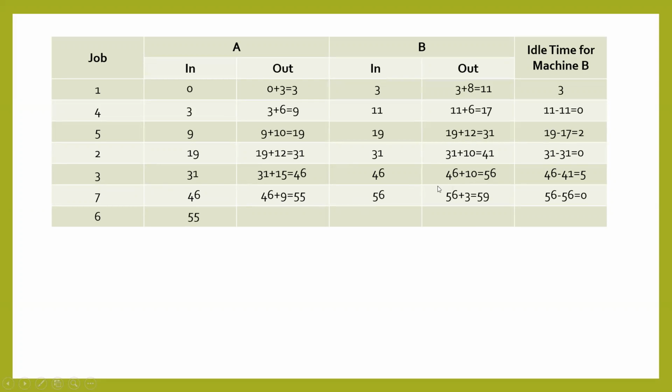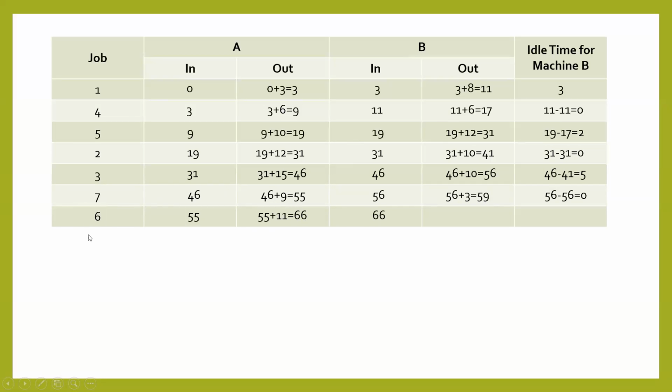The last one. Now, this step is again important, especially for A. Now, 55 will be the in for the last job, job number 6. Okay, plus 11 will give me 66. Now, when compared to this, machine B is actually idle, so it will start at 66.